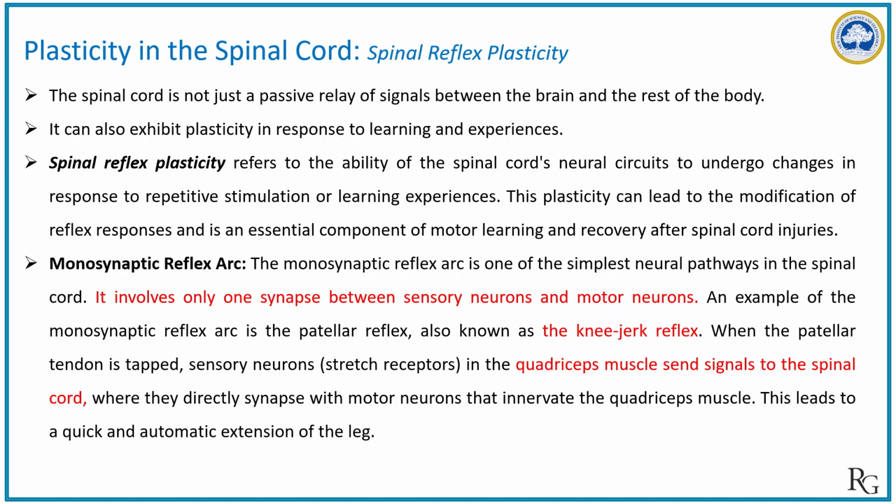Reflexes, again, are automatic and rapid responses like the knee jerk reflex. This reflex is controlled through a monosynaptic reflex arc where a sensory neuron from the muscle spindle directly connects to a motor neuron in the spinal cord that produces an immediate contraction.